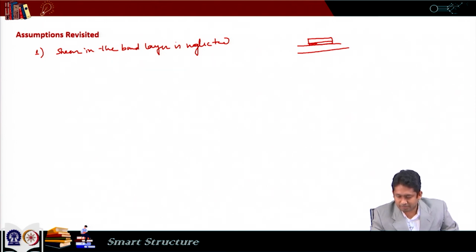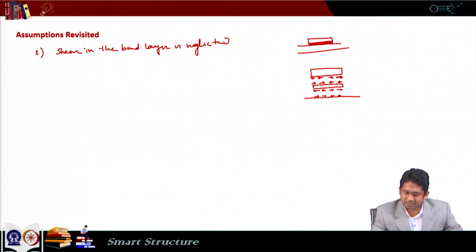So, there is a bond layer, the adhesive that joins these two. If we look at it carefully, if we separate them and draw the shear diagrams, we can see the shear at the interfaces. So, this is how the shear would look.